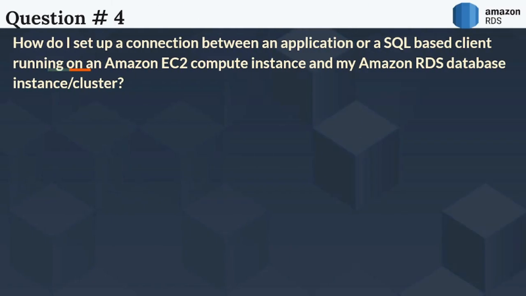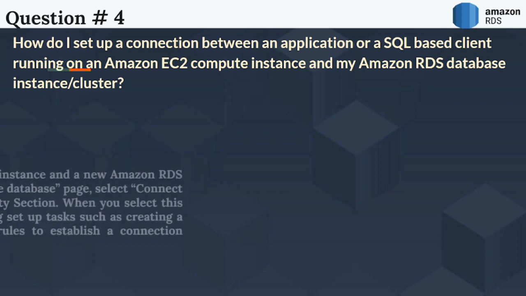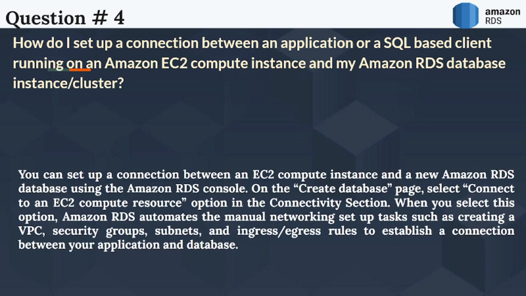So the next question is, how do I set up a connection between an application or a SQL-based client running on an Amazon EC2 compute instance and my Amazon RDS database instance cluster? You can set up a connection between an EC2 compute instance and a new Amazon RDS database using the Amazon RDS console.